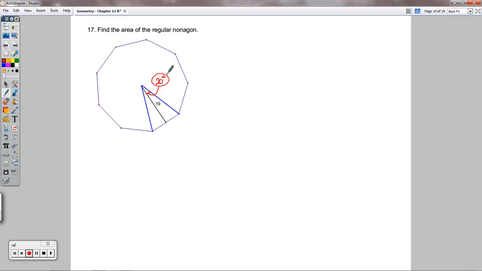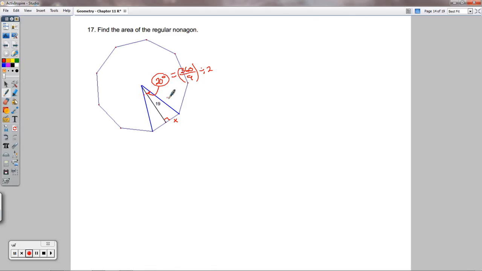So again, that was 360 divided by 9. That gets you the angle of the whole thing from here to here. And then that divided by 2 would be 20 from there. So you have a 20-degree angle there. You've got a right angle here. We're going to try to figure out what is this value right there. What is your x? So to find that, it looks like we have opposite and adjacent.